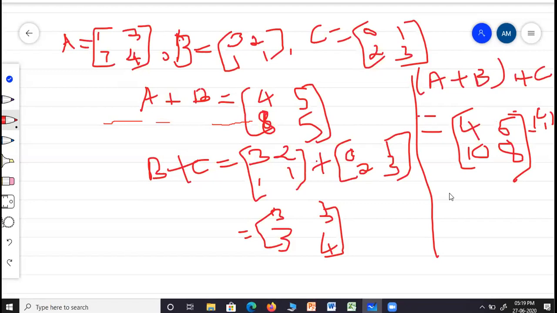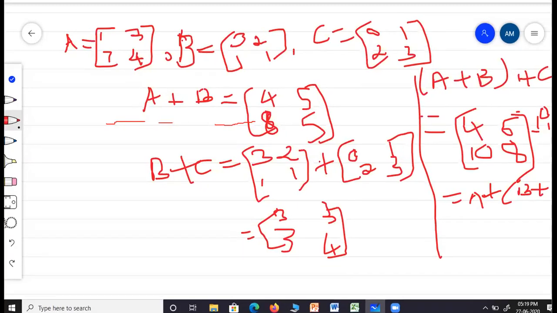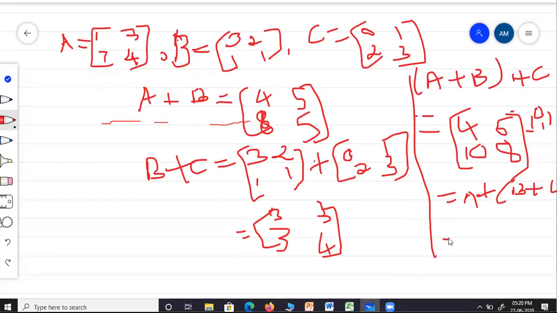Now, again we'll find A + (B + C). Here we'll add B plus C into A. So A is here and B plus C is here. We can add these two matrices.